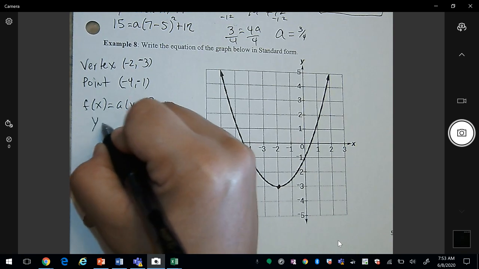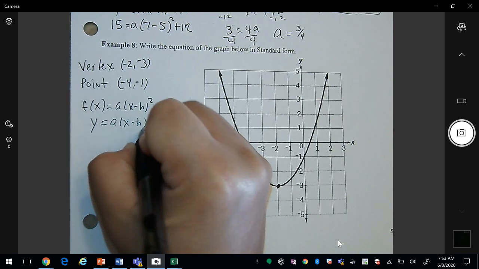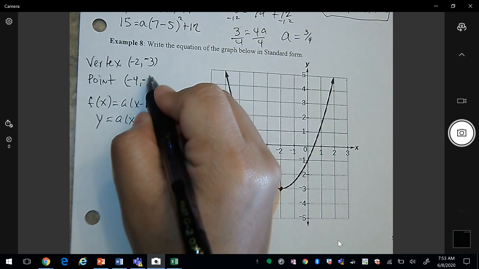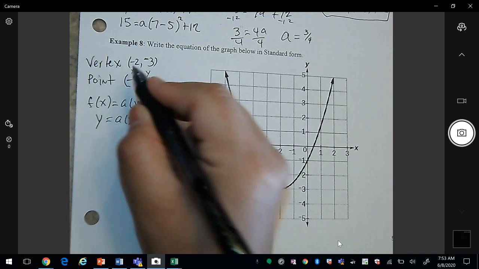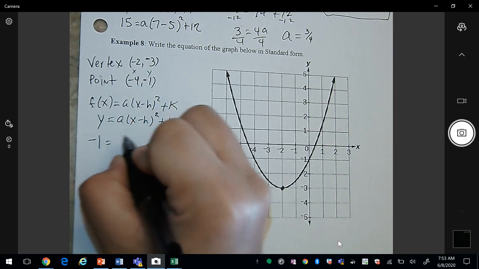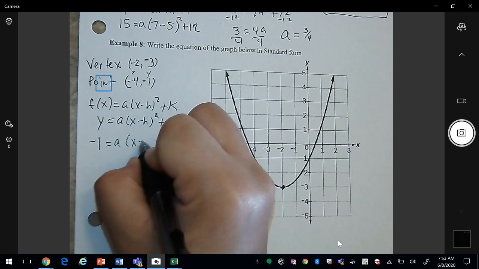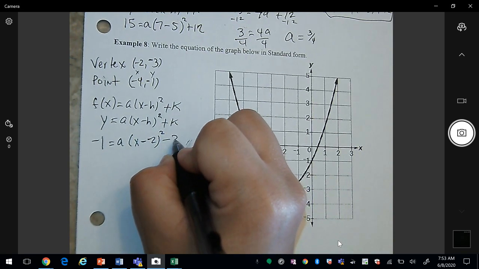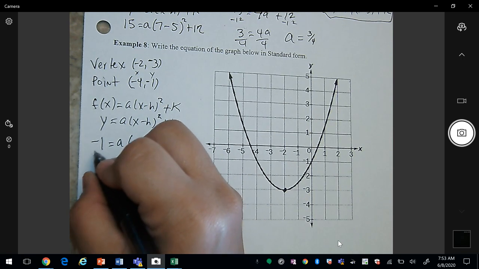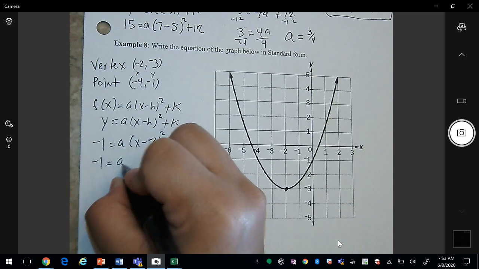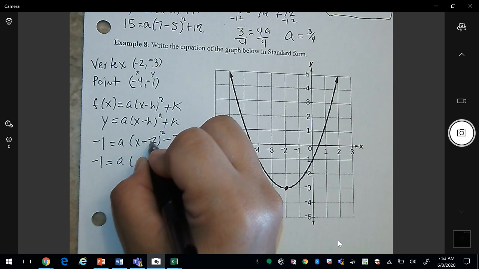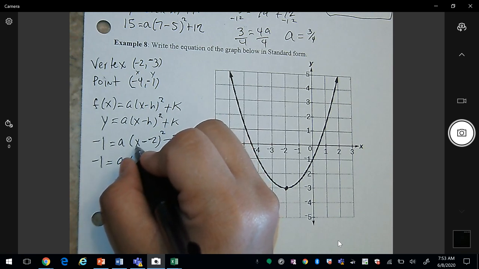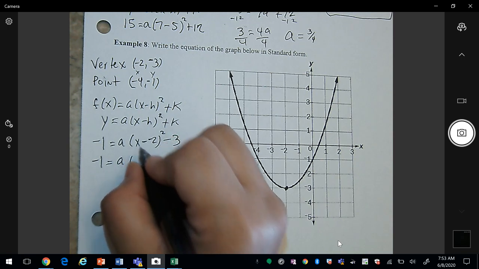So y is -1 and x is -4. So y is -1, h is -2, and k is -3. Simplify. Our x is -4, so let's plug that in.